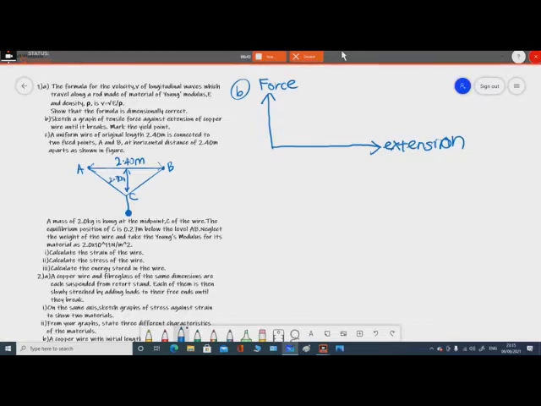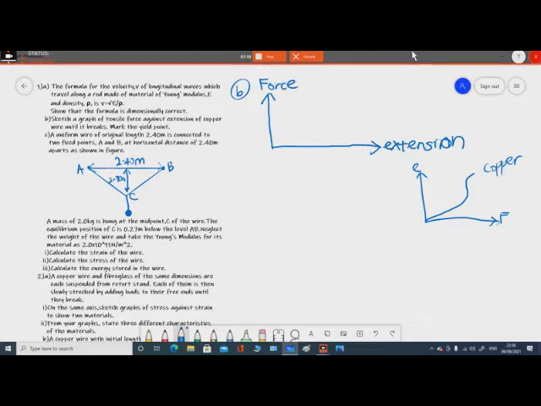So the graph we learned from the previous video is for the copper. This one is E and this one is F. If I'm not mistaken, the graph shall be like this for copper. So what about the force against extension?